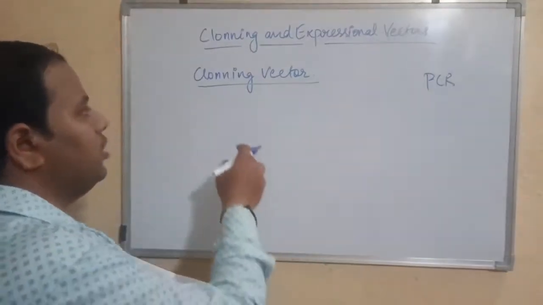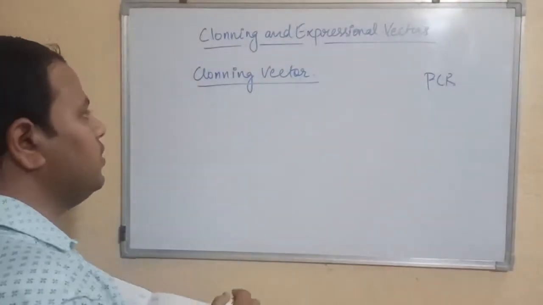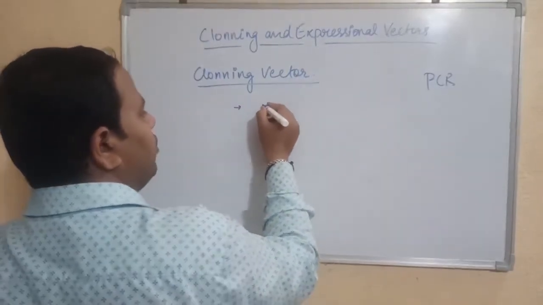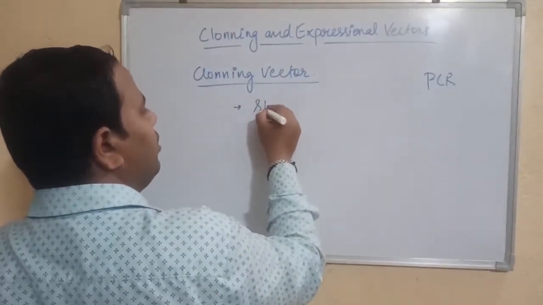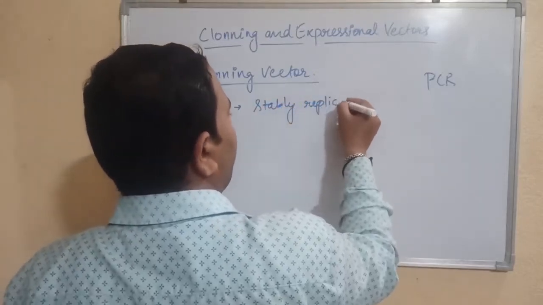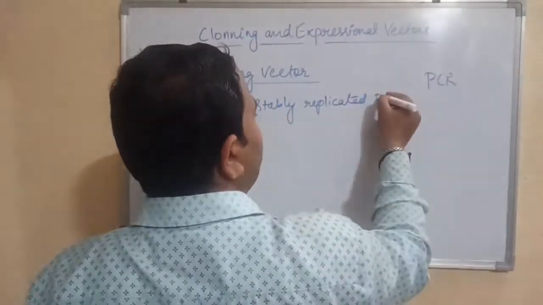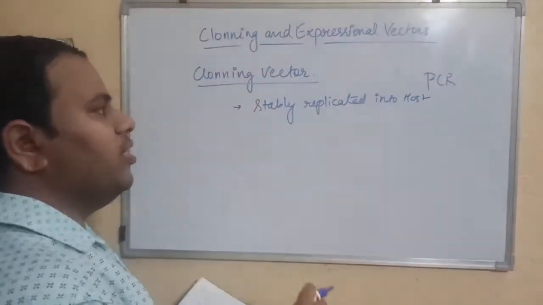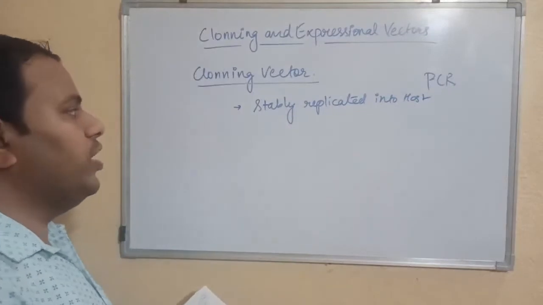So in that case we used cloning vector. So cloning vector is a vector which can be stably replicated into the host.